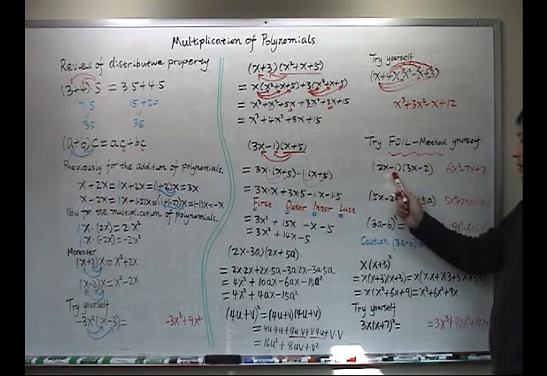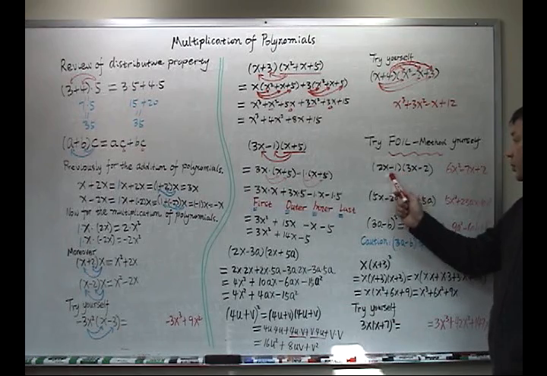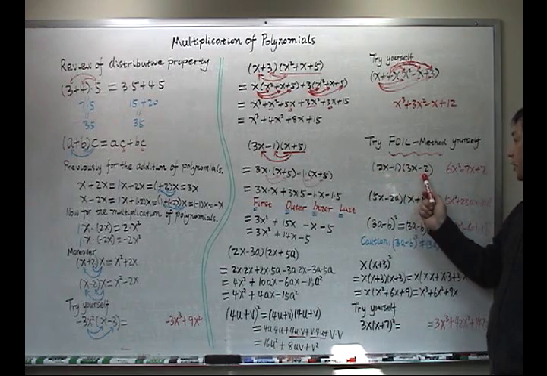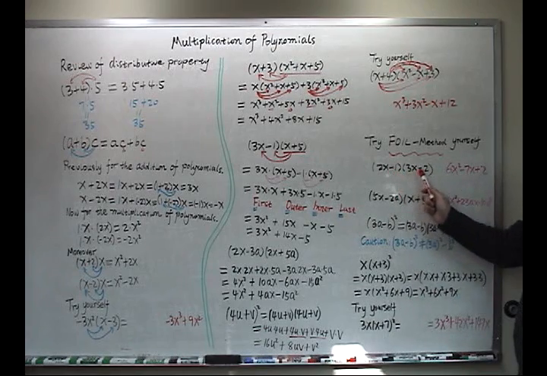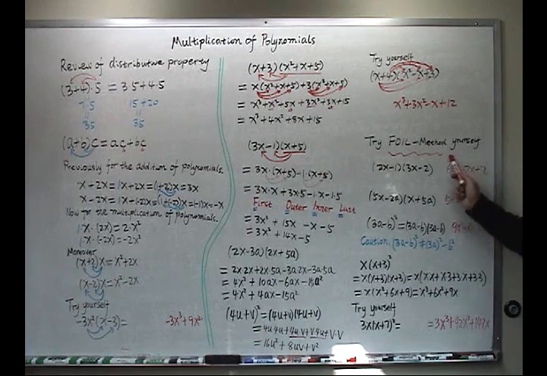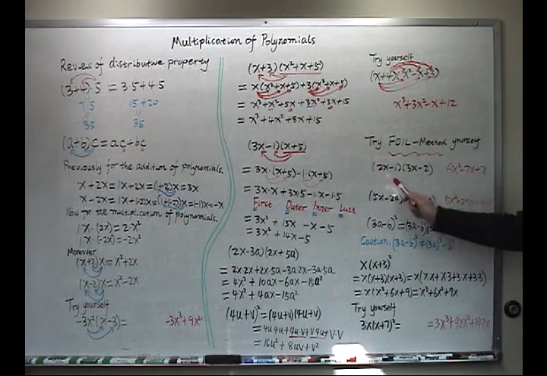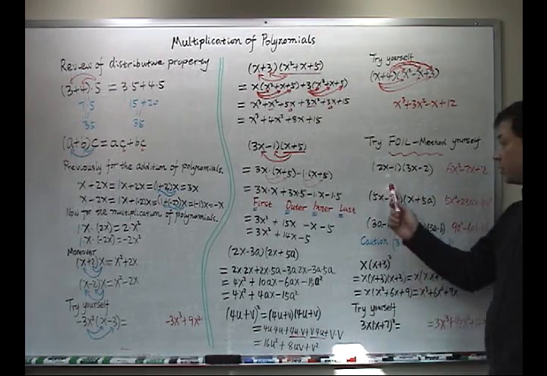Inner product is -1 times 3x, which is -3x. So -3x, previously we have -4x, together is -7x. And then -1 times -2, we have a +2. This is the answer. Try this one yourself. Okay? Fill out all the steps.